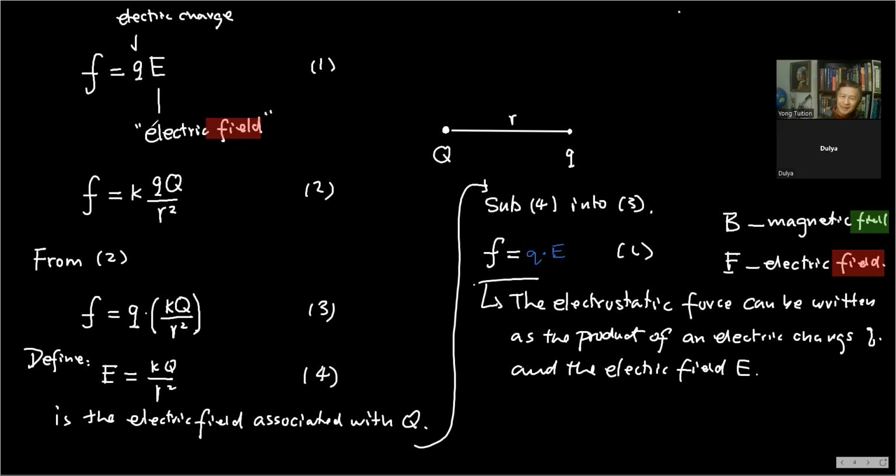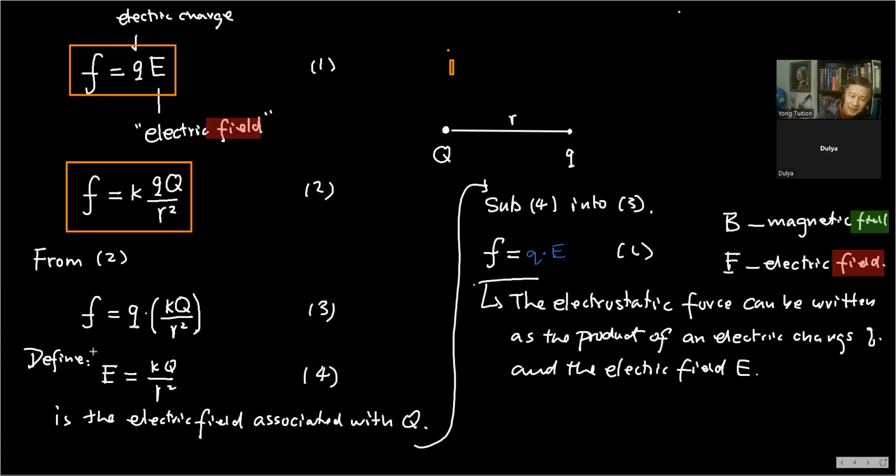But this formula says the force can also be written as the product of the charge to be studied. If you want to know the force on any charge, we can use this charge and multiply the electrical field generated by other electrical charge. Does that make sense? That is a very useful idea.